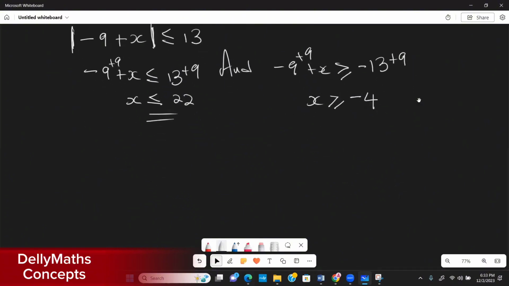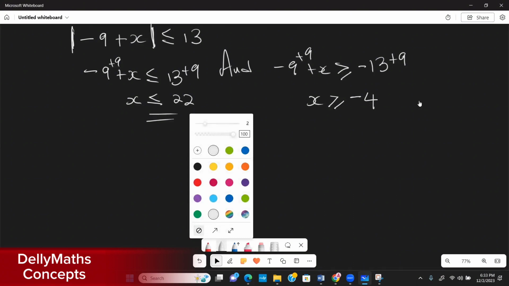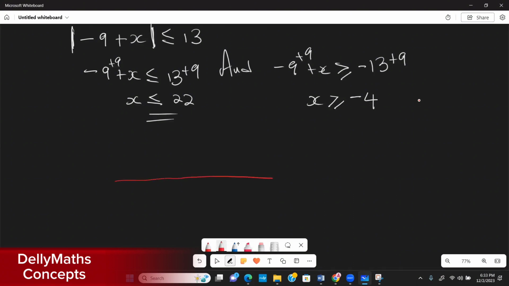So on the number line, we would have represented -4 here, and let us say 22 is up this end. -infinity, +infinity. This one says that, so let me put it right here on top.